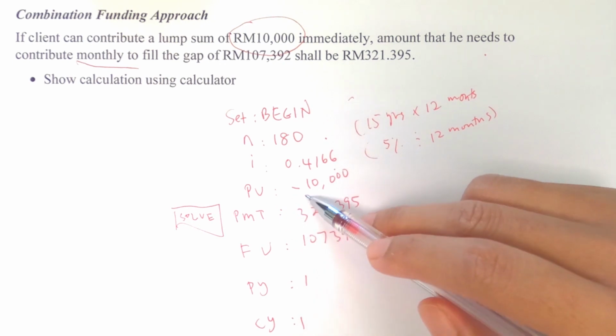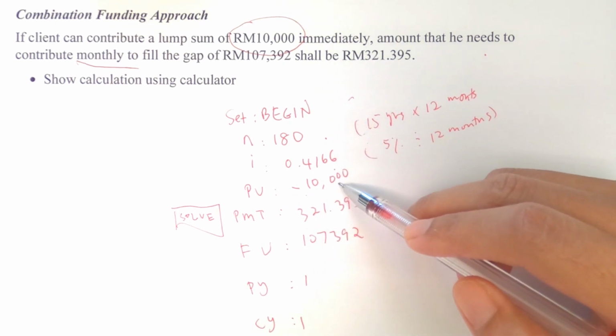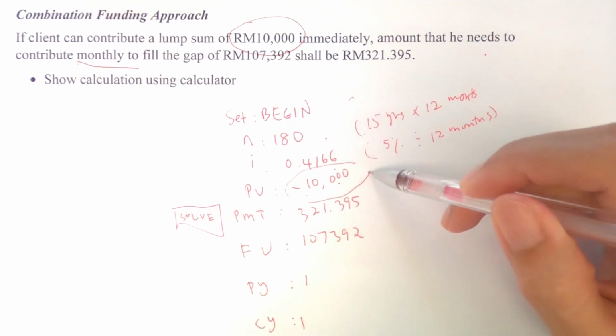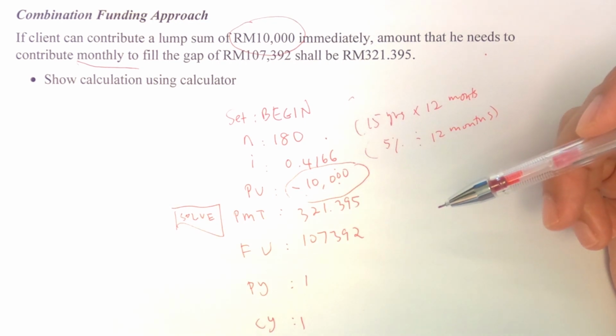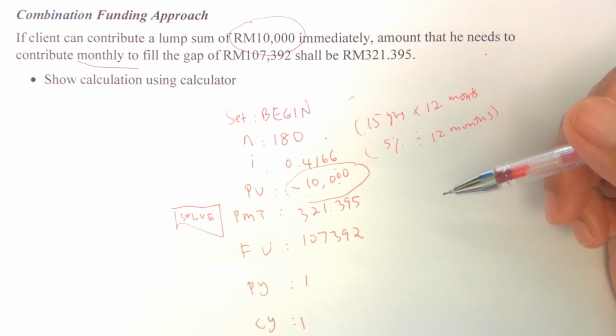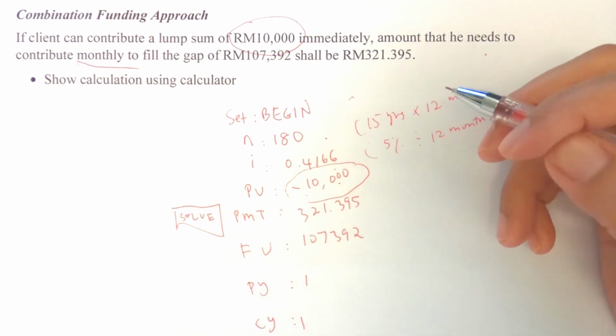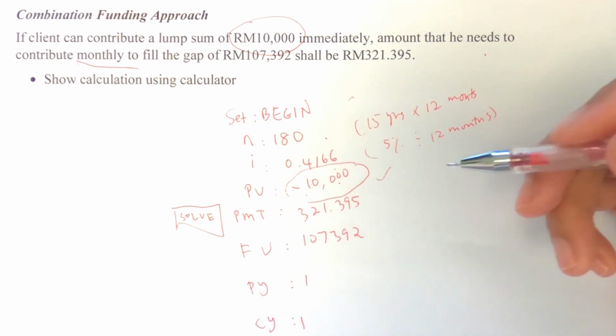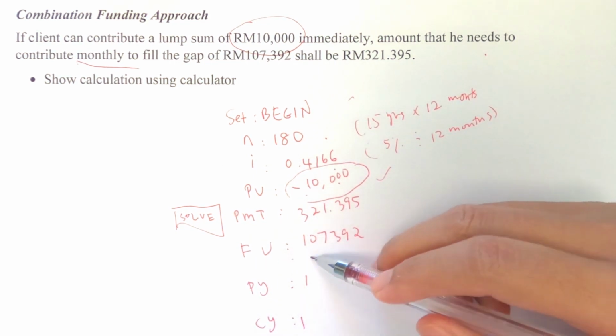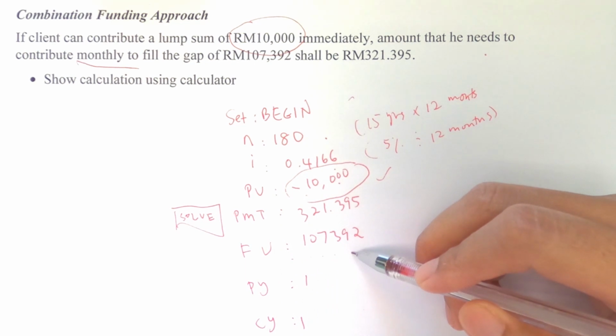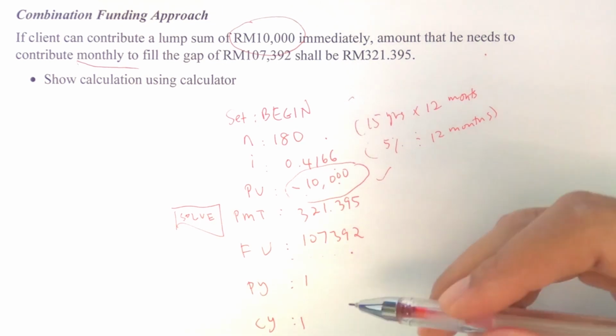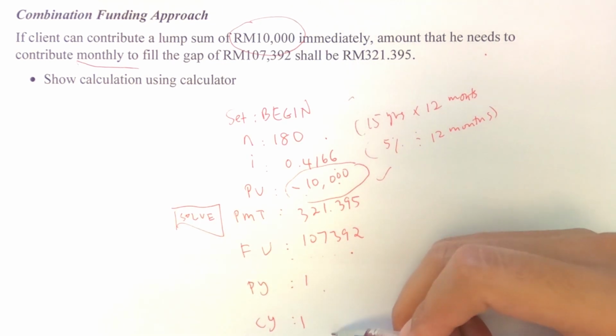The PV is negative 10,000, which is the amount of cash that the client has available at this point of time. And the FV is 107,392. This is the desired figure that we want once the client reaches the retirement age. The P/Y and C/Y are both 1 and 1.